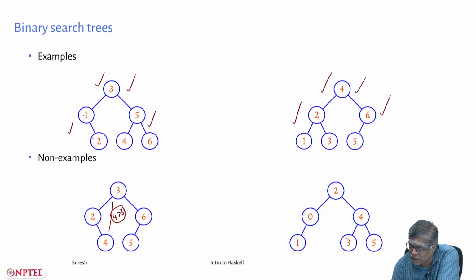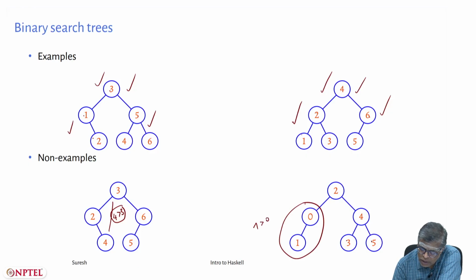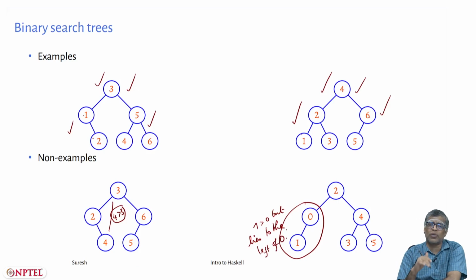Go to the right, 4, there is 3 on the left and 5 on the right, that is also okay, but here there is a violation. 1 is greater than 0 but lies to the left of 0. So these are non-examples of a binary search tree, even though these are all binary trees.